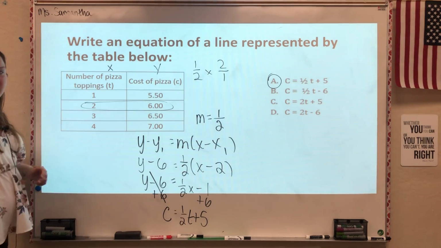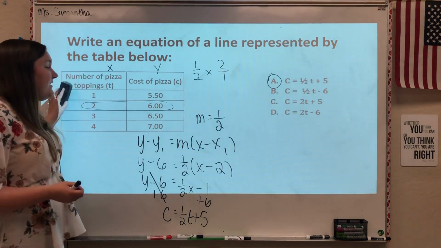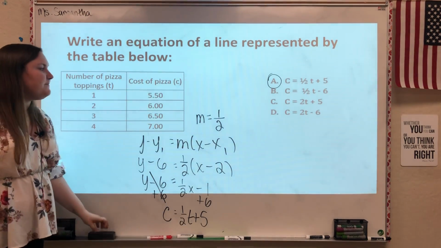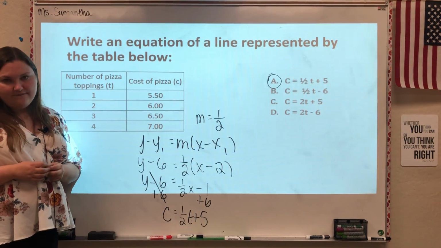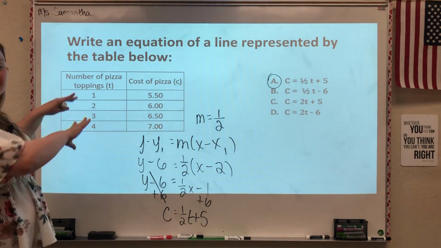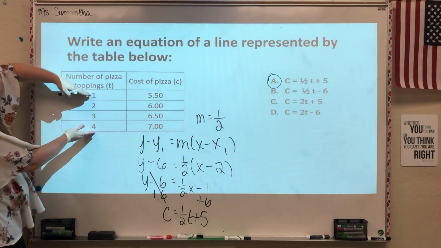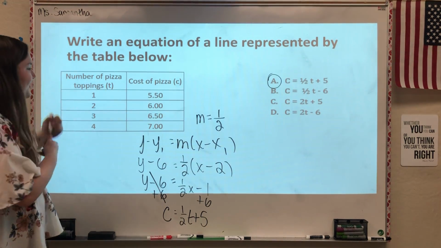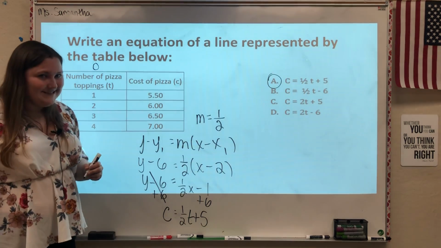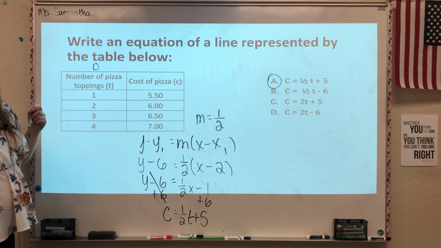I'm emphasizing it's where the line begins. Looking at this, one of the things I've heard on occasion students say when I asked for observations at the very beginning of this problem is, well, the price of pizza starts at $5.50. And I definitely see where you're getting at if you make that observation from the table, but they're only showing 4 options, and there are more options. You could have 0 toppings on your pizza, would not be a tasty pizza, but 0 is the true starting point, right?